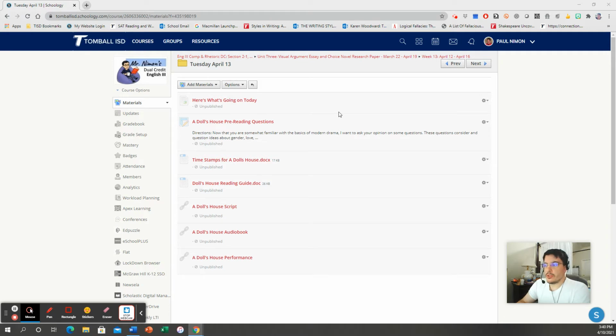And if you remember also from our notes on modern drama, I mentioned Henrik Ibsen, who's the author of this play. And I said that he was basically like the father of what we would call modern drama today. His big thing was that he didn't want his plays to center around these larger than life heroes.